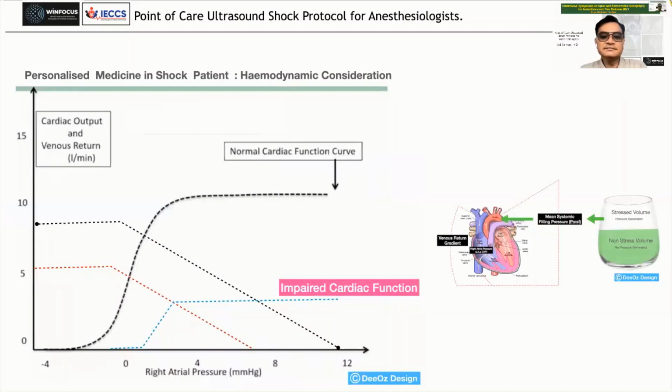You can see here, by increasing fluid, not only is there not much increase in CVP, there is not much difference in the increase in cardiac output and venous return. This is very important. That's the main reason why CVP is no longer popular now as part of the monitoring in patients in shock.